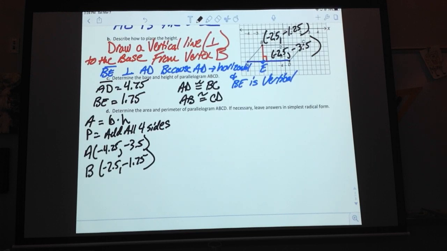I need to find A to B, one of the side walls for perimeter, right? So I'm only finding the distance of AB to help me find perimeter. I already have enough for area because area is base times height. In my red line, my BE is my height and AD is my base.